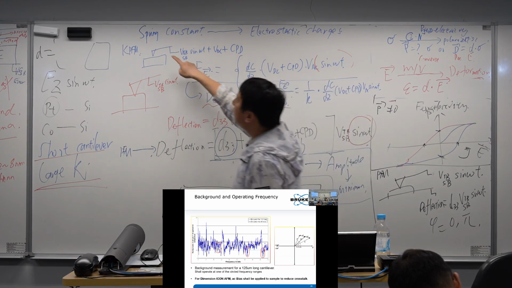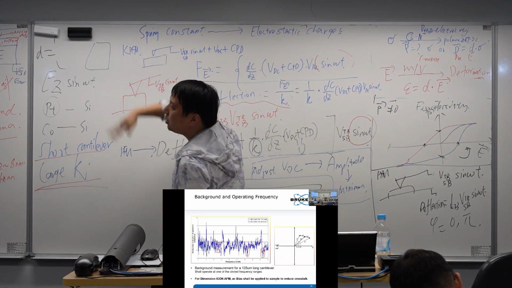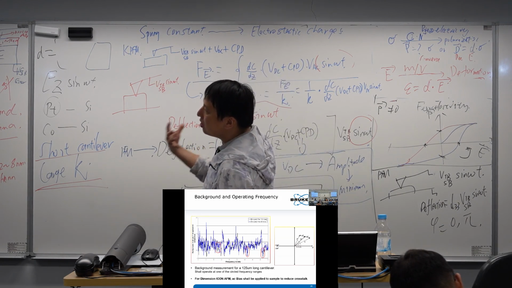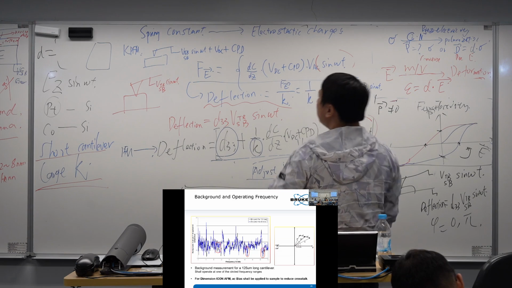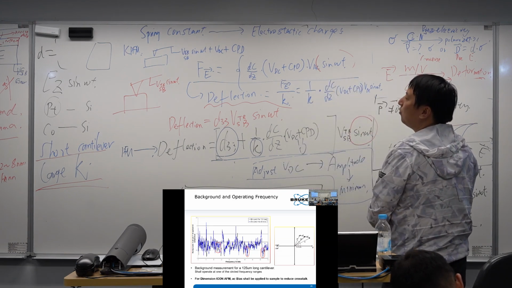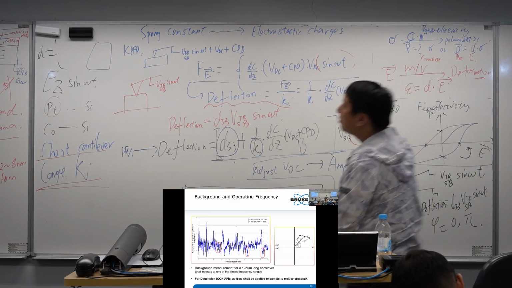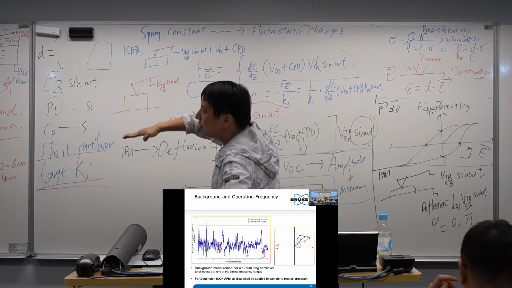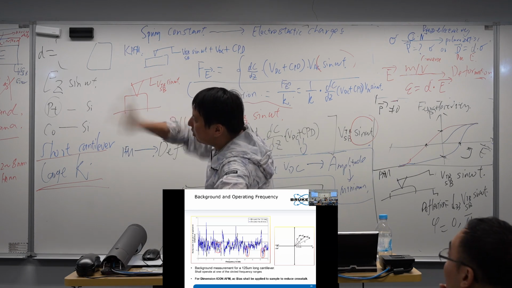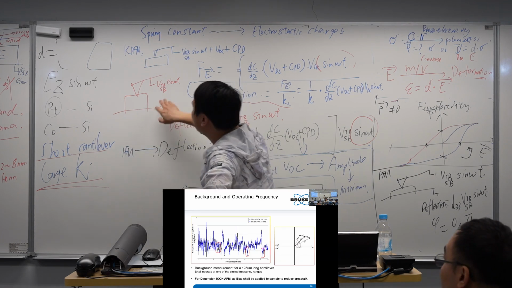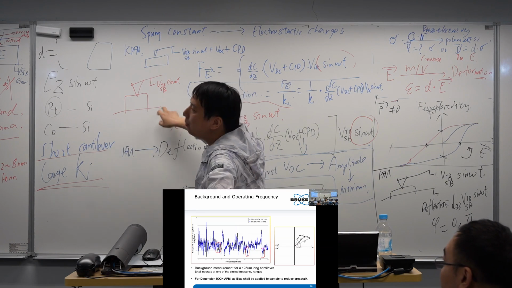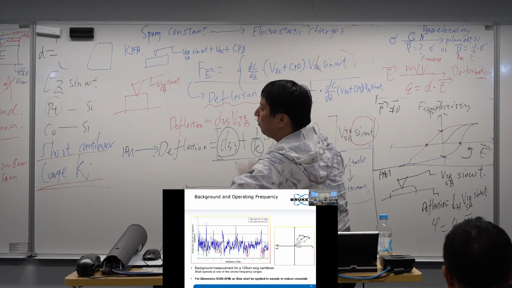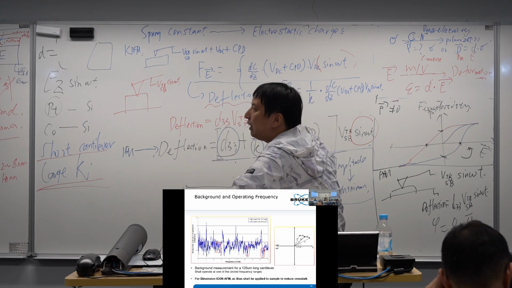And in KPFM, the probe does not touch the surface, so we want our amplitude to be large enough. So we choose the resonance frequency. But today we are talking about PFM. The probe is touching the surface, so the probe is not free. It cannot do this kind of vibration. So we are not using the omega 0, the resonance frequency, for it. We just randomly pick a frequency.